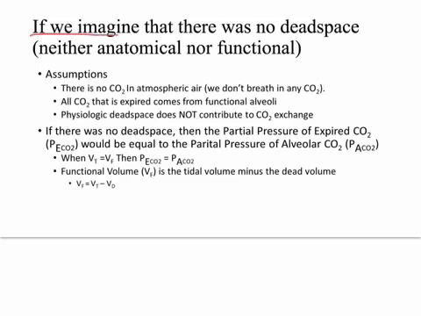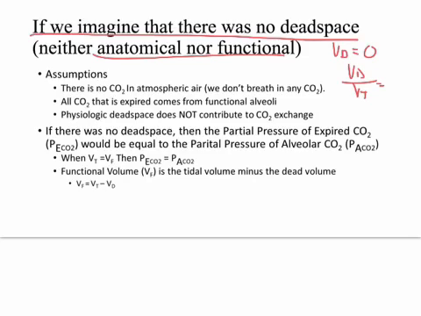Now we can have a thought game. If we imagine that there is no dead space, neither anatomic nor functional, so the dead space equals 0, VD equals 0, then VD over VT would equal 0. And then my functional volume, the volume that's not dead, is equal to VT, the tidal volume, minus the dead space.